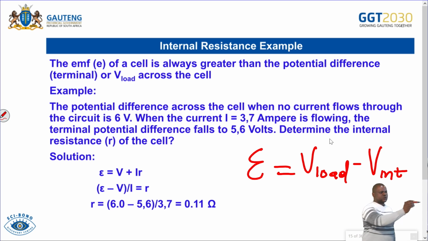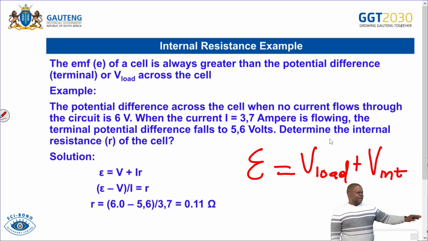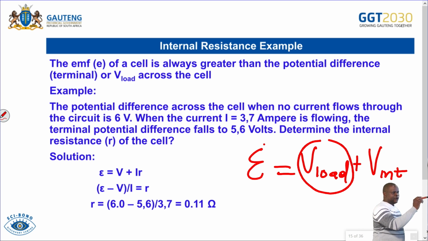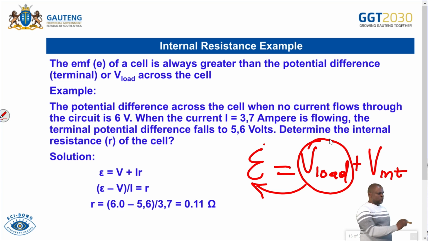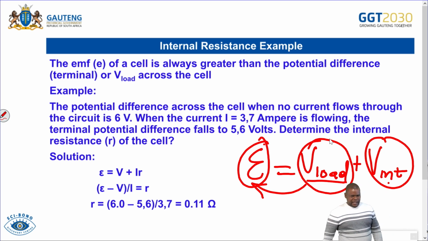Sorry, it's plus V internal. What does that mean? This, grade 11, will never be bigger than this. Why? Because to get V load, you must subtract V internal from the EMF.